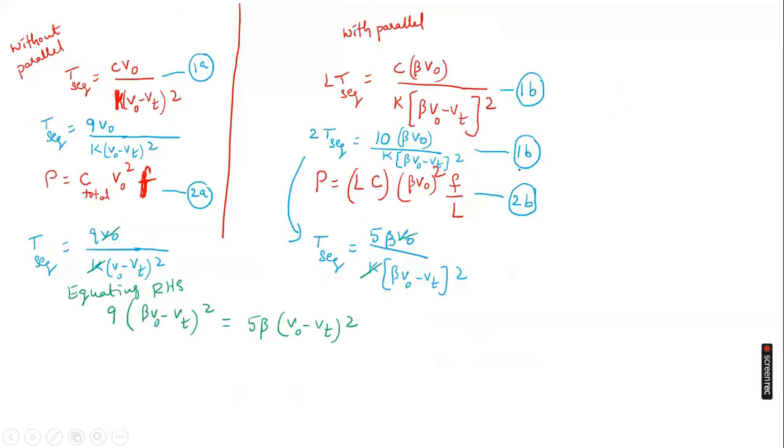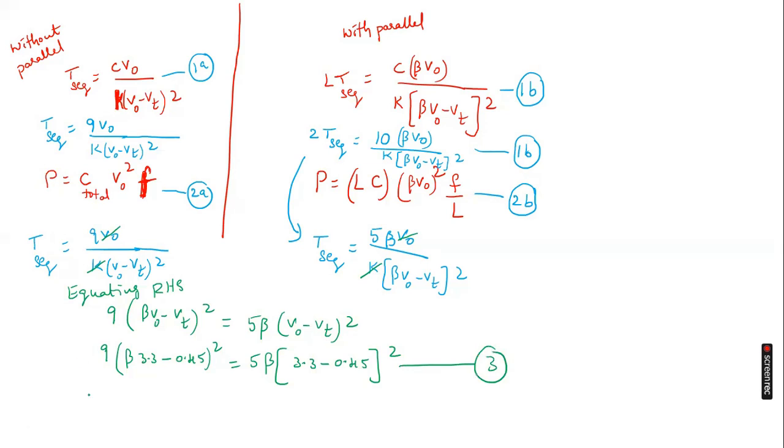So here it is beta times (3.3 minus 0.45) whole square equals 5 times beta, and here it is (3.3 minus 0.45) whole square. You can see in this equation number 3, only beta is the unknown variable, everything else is values. If you solve it, the beta value will come out.